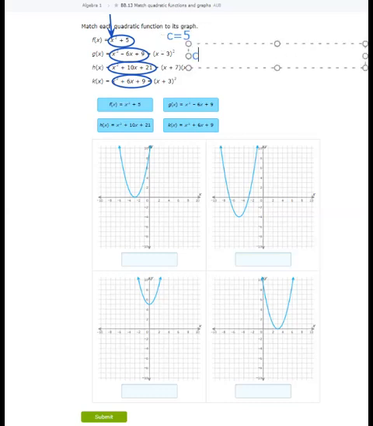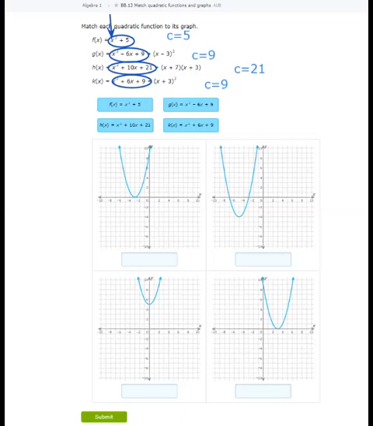For the next one, C equals 9. For h of x, the C equals 21. And for k of x, the C equals 9. So we do have an overlap of C's for g of x and k of x. So that might not be the only information we need to determine which graph goes with which equation.